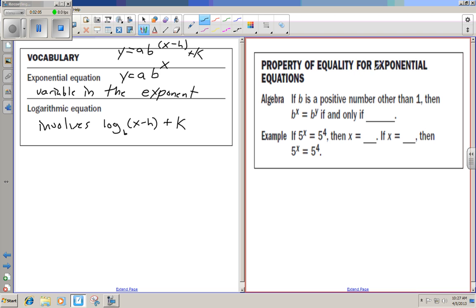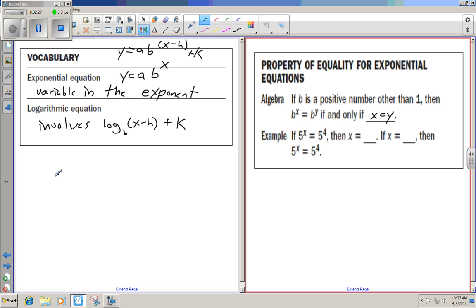Properties of equality for exponential equations. This is kind of a logic property. Basically, if b is a positive number other than 1, then b to the x equals b to the y if and only if x equals y.